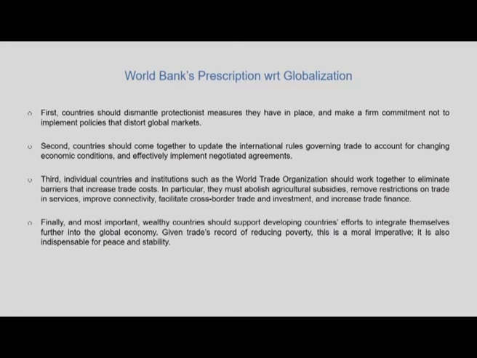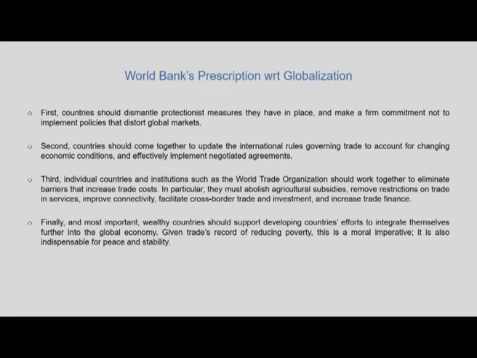Now this basically means that developing countries that have income support and price support policies in agriculture, in industry, and in various other social sectors must bring down their support so as to provide more space for private investment, and the state should withdraw from provision of various goods and services. It also prescribes that national governments across the globe should have a firm commitment towards this ideology of reducing public investment and increasing private investment.